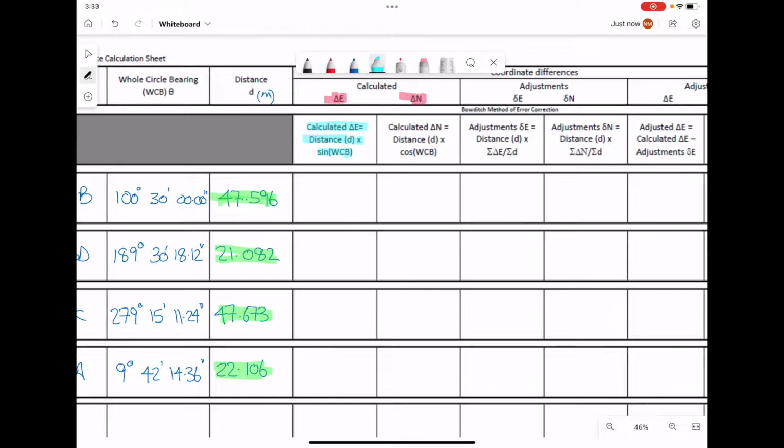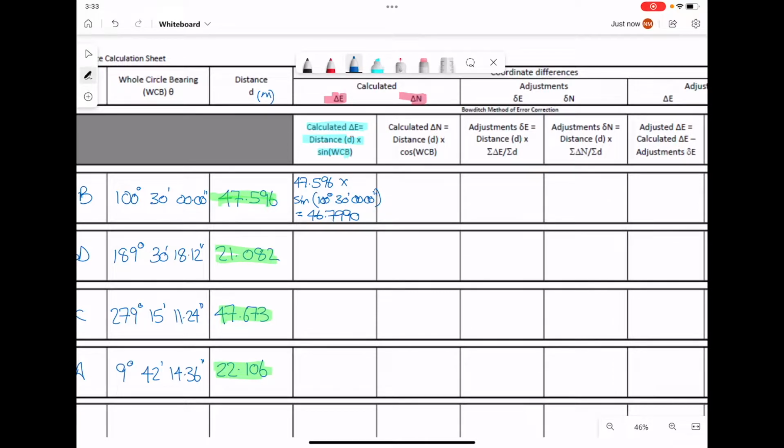So for the first one, we will do 47.596 multiplied by the sine of the whole circle bearing for this line, which is 100 degrees, 30 minutes, 0 seconds. Plug that into the calculator and you get your partial coordinate. In this case, it will be 46.7990.